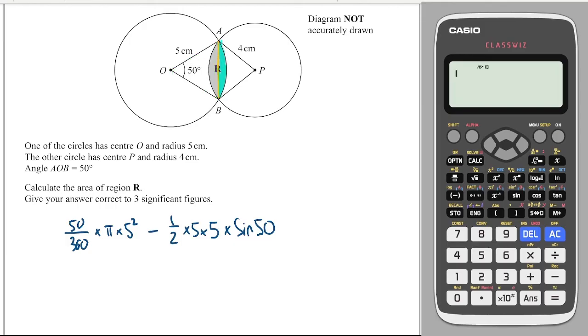Okay, so that's given me this side, that blue bit. Now, I'm hoping I could do something similar for the other side, but I don't have the angle there, which is a bit annoying.